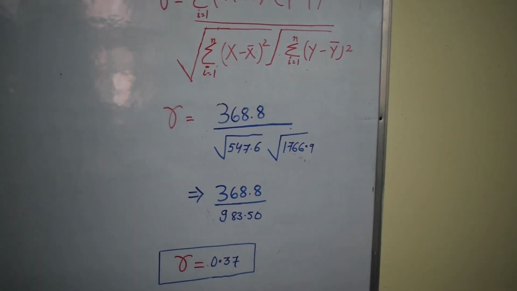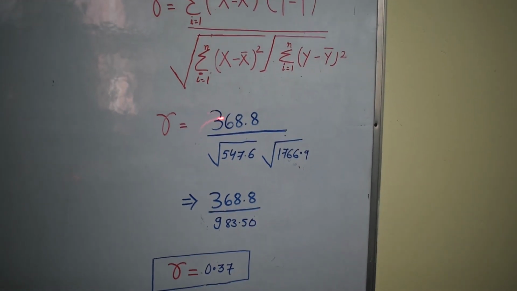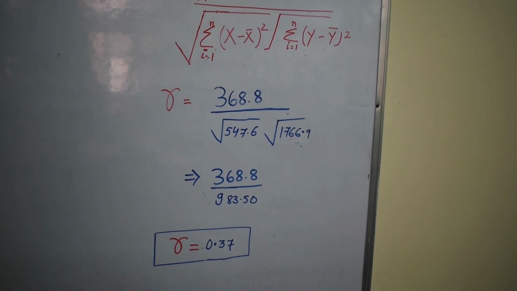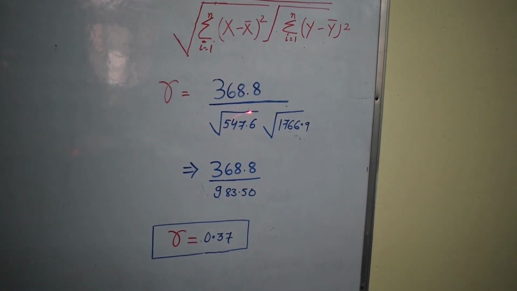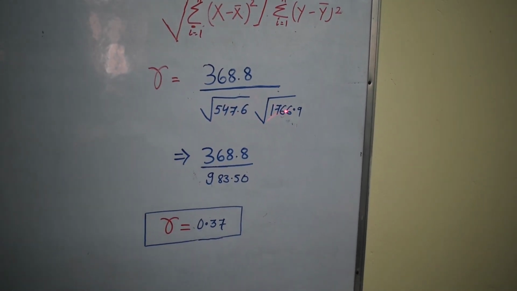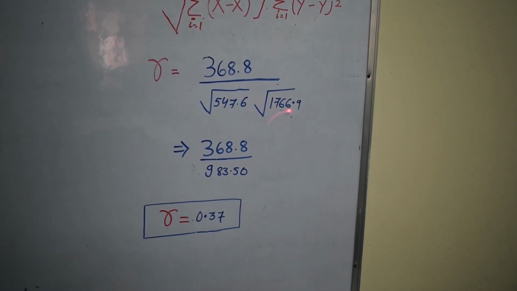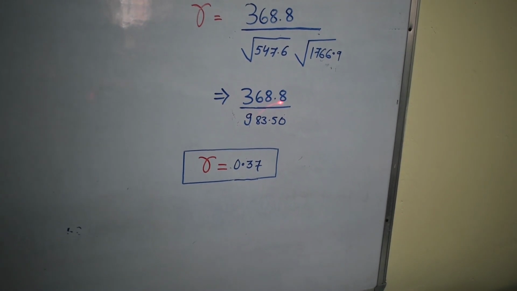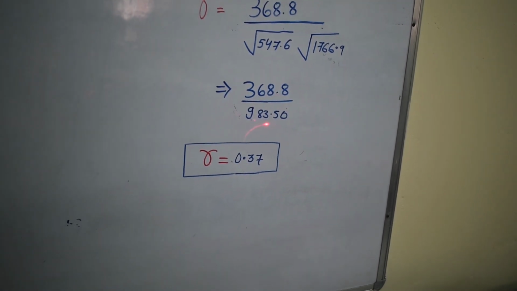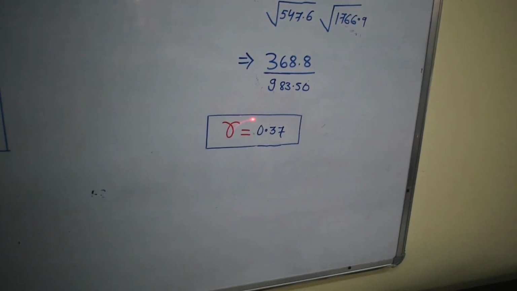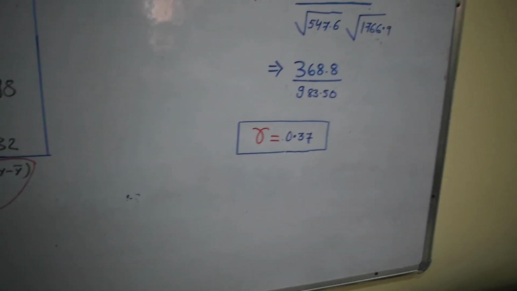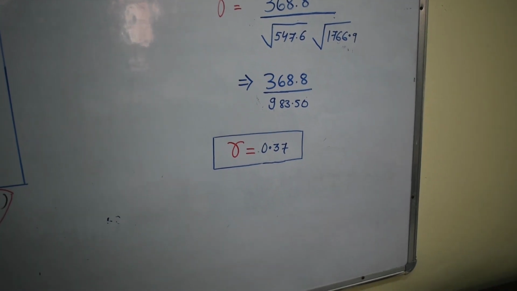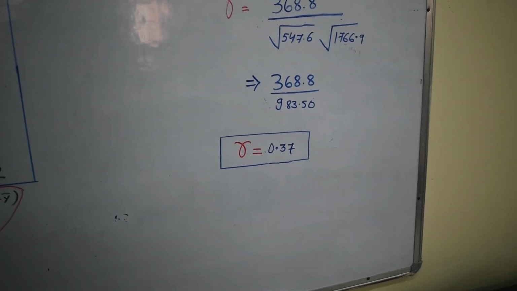If we calculate, R is 368.8 divided by the square root of 547.6 times 1766.9. So the value is 368.8 divided by 983.5. So the R value is 0.37, which implies that the relationship is positive and it is a weakly positive correlation.